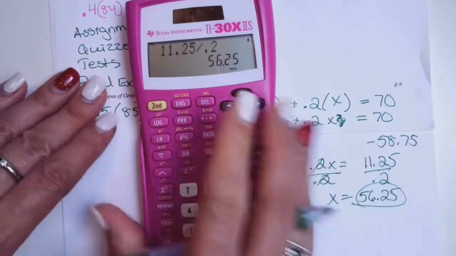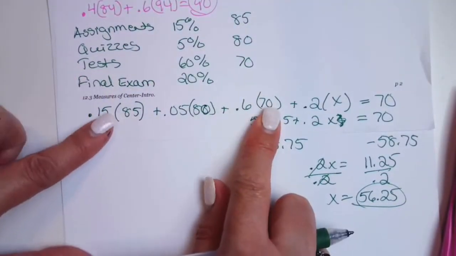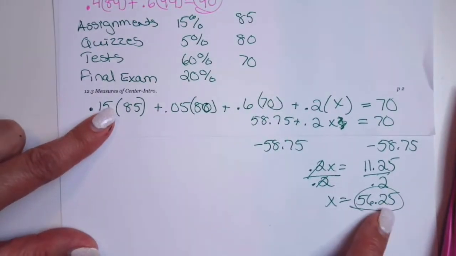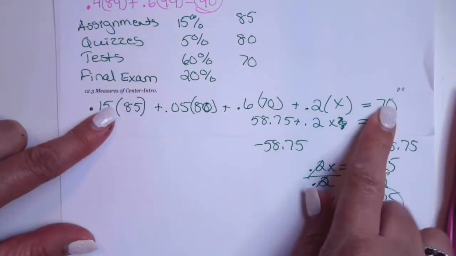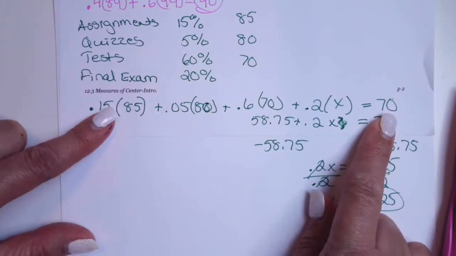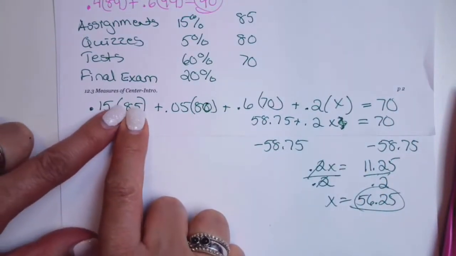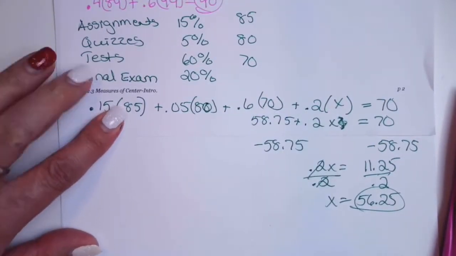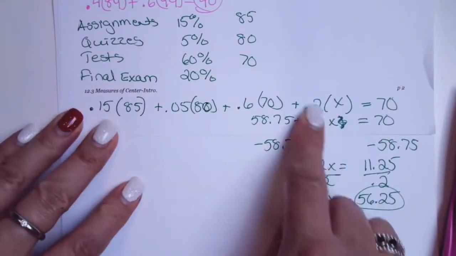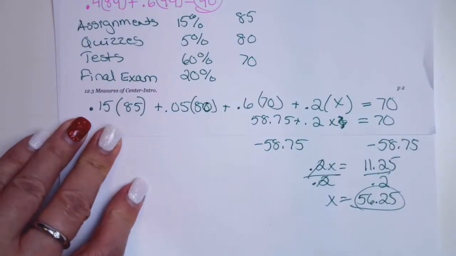So with these numbers, you would need a 56.25 from your final exam to get a 70 in this class. So put in your assignment, quizzes, tests, and final exam, and then whatever grade you want, and then you can solve for that final exam.